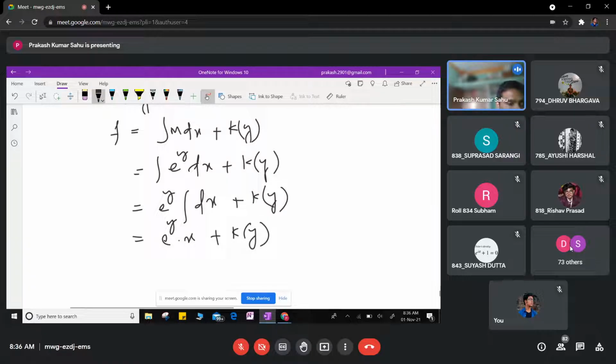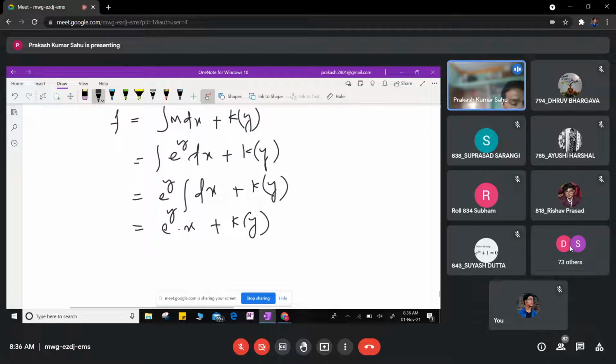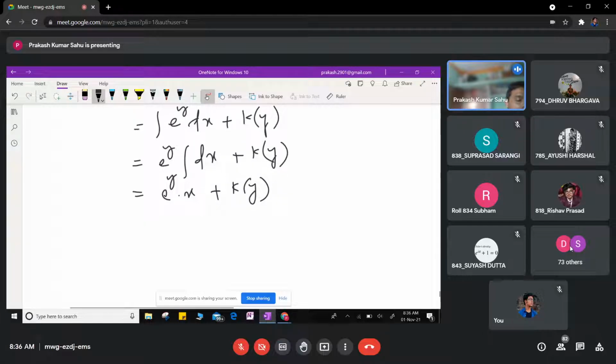This is your f. Your f is equal to x into e to the power y plus k of y. So now again we have to find the value of k of y. To find it, we have to differentiate with respect to y.